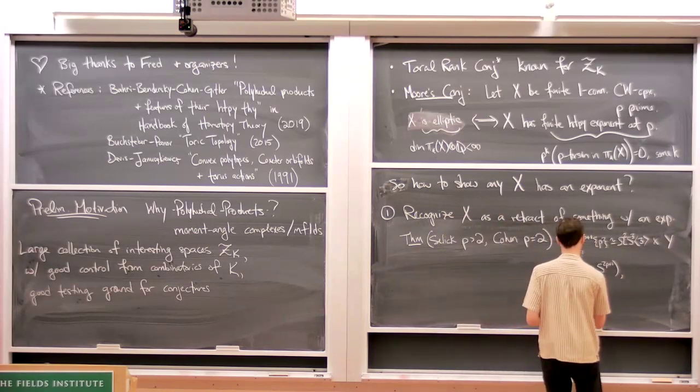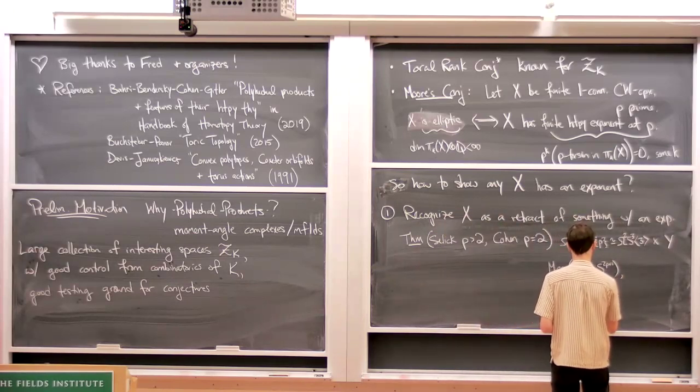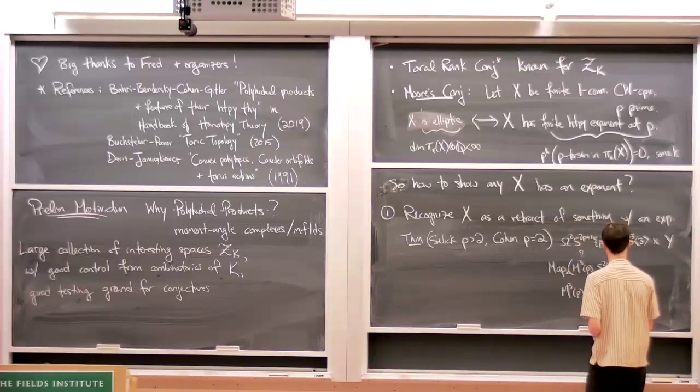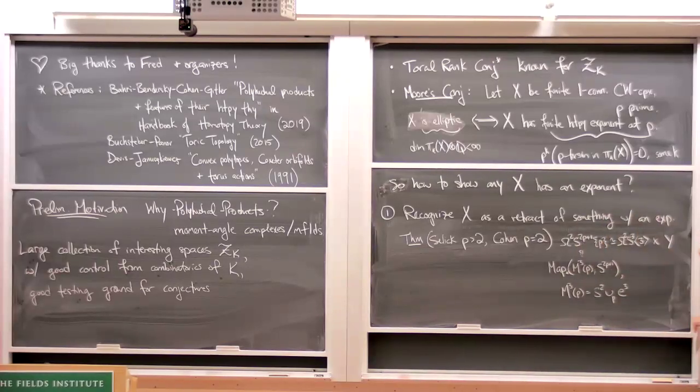So I want to take the cofiber of a degree P map on a sphere. Okay, so just the space whose suspension spectrum is the Moore spectrum, mod P Moore spectrum we saw in the previous talk.